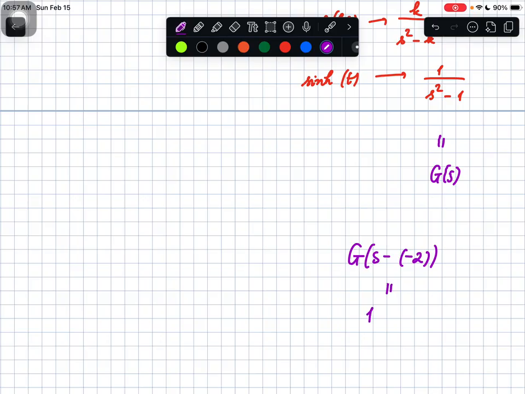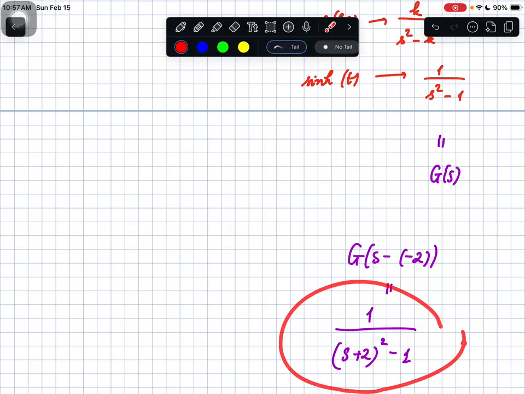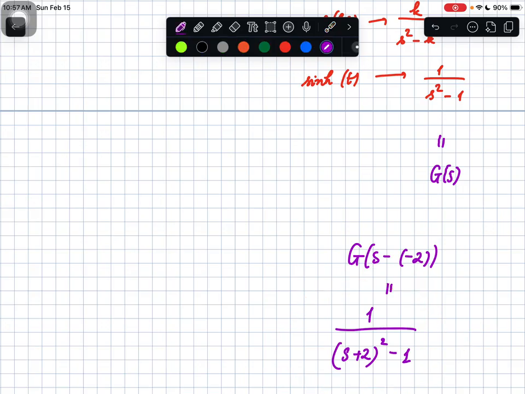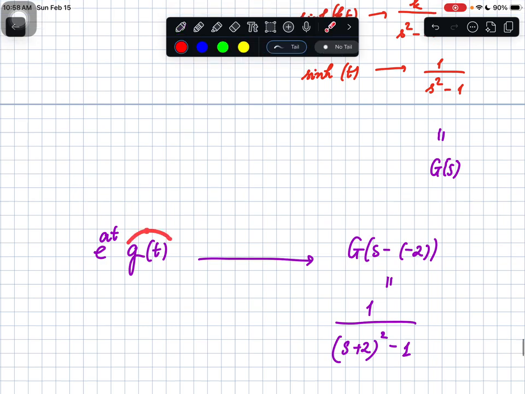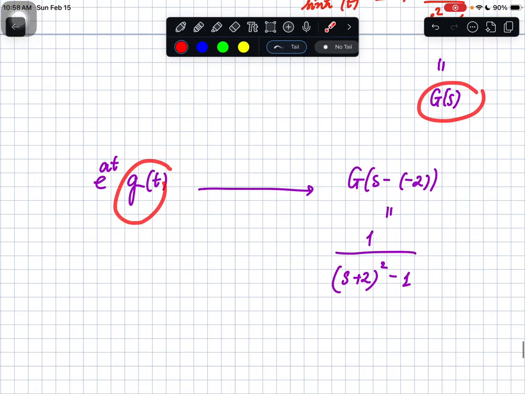We change s to s minus negative 2: 1 over (s plus 2) squared minus 1 squared. So this one is the translation on the s-axis, right? So the formula is e to the at times g of t, where small g of t is the inverse transform of big G of s.